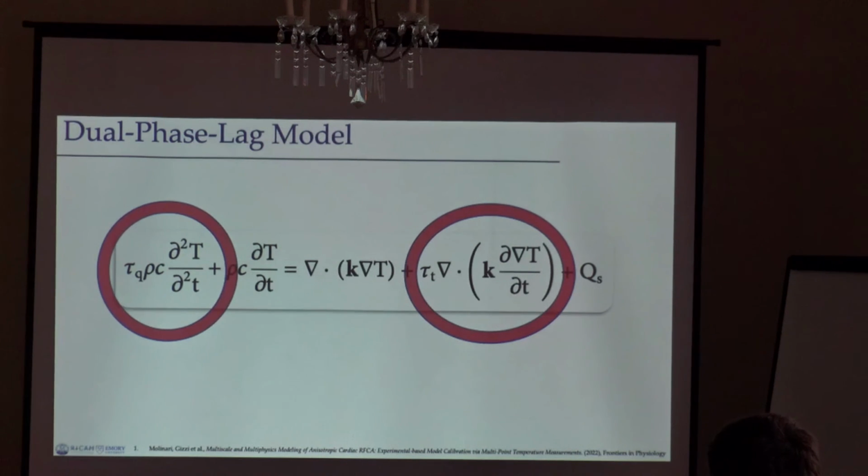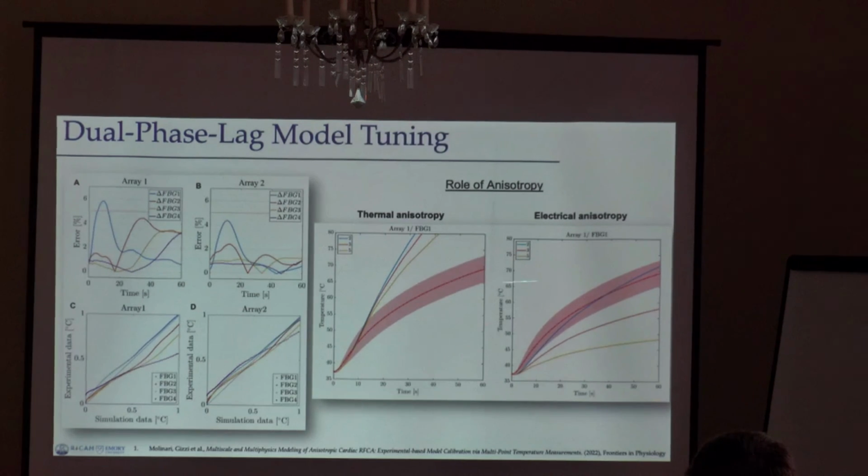So it's necessary, as mentioned before, to introduce an additional convective term, but also an additional time derivative of temperature, such that we make use of the dual phase lag model. This is basically because we have two time constants, tau t and tau q, and these two time constants are the ones that allow us to reproduce the average rising of temperature.